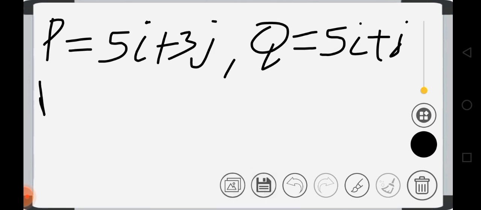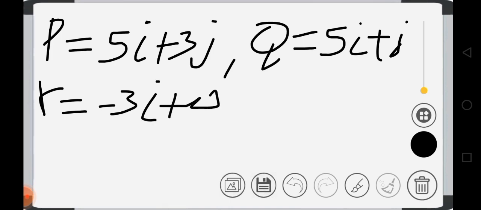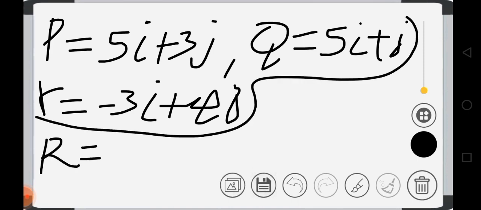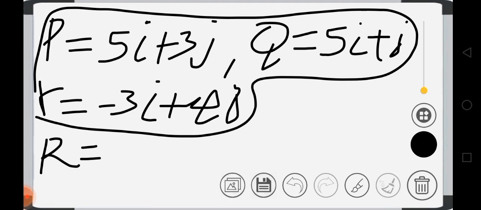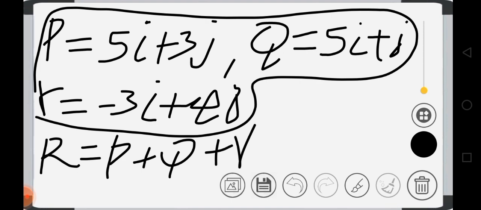And the third vector is R, which is equal to minus 3i plus 4j. The resultant will be the addition of everything, that means P plus Q plus R, the total.